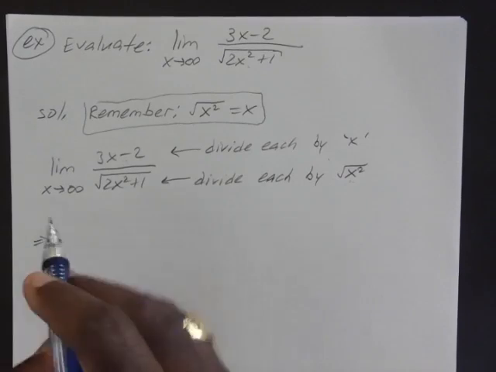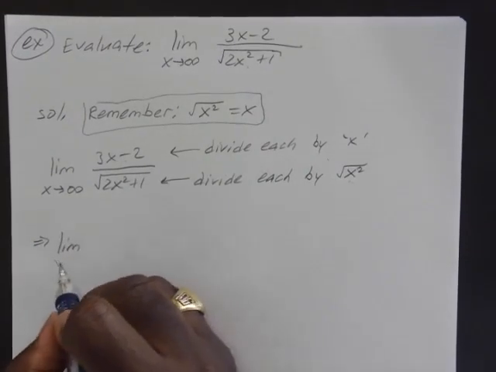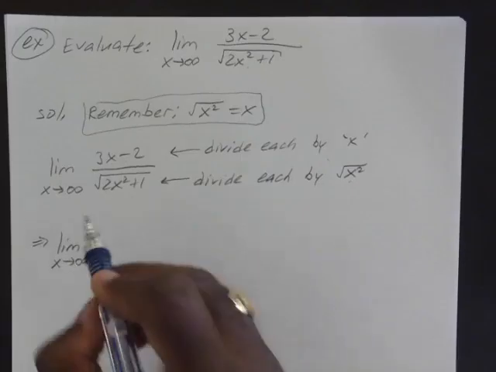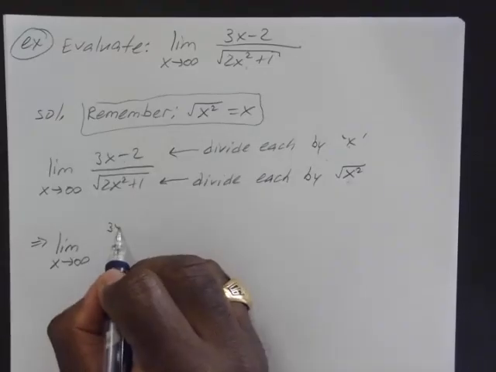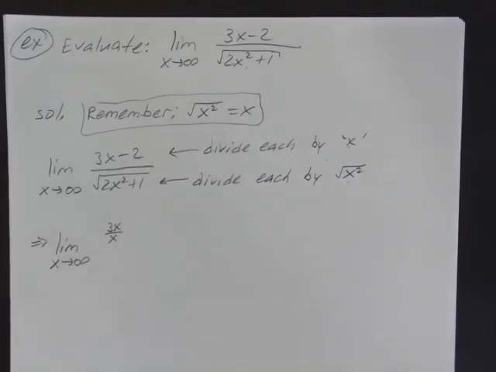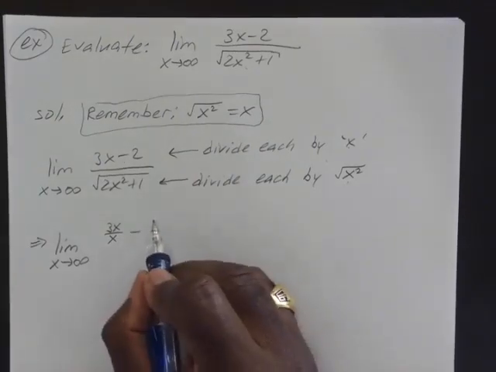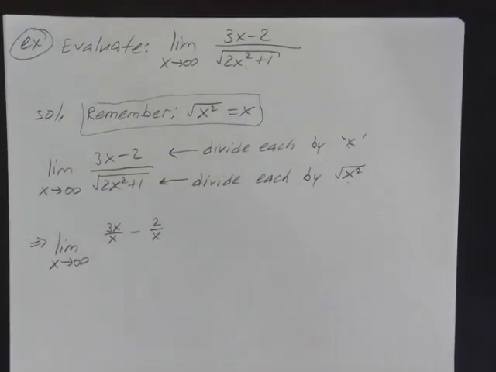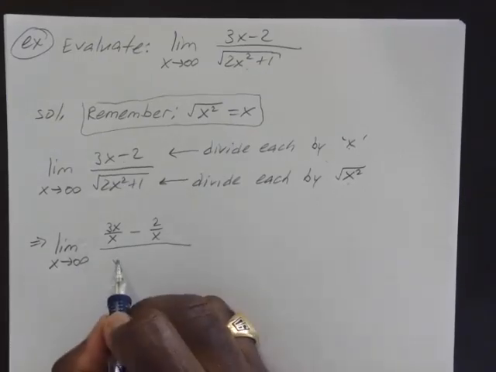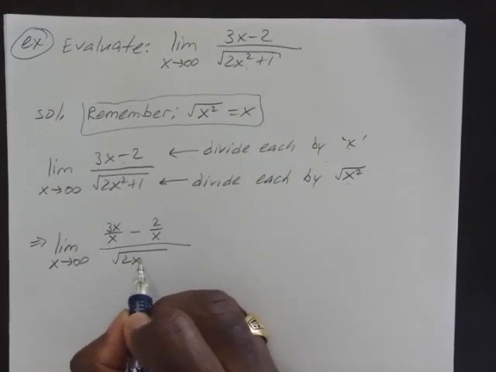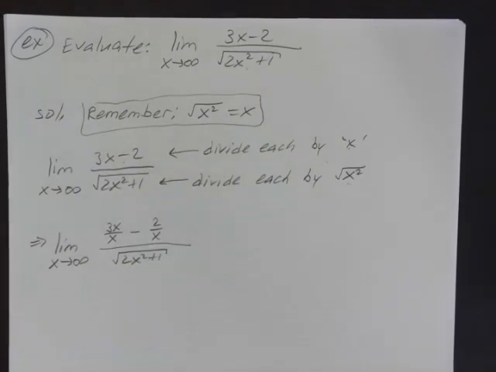Okay, so if we look at our numerator, let's have the limit as x approaches infinity. We have 3x. We're going to divide that by x. Minus 2 divided by x. Divided by the square root of 2x squared plus 1.